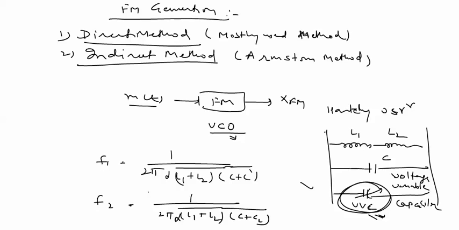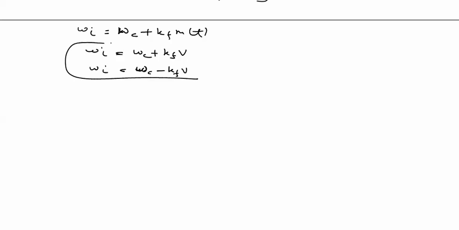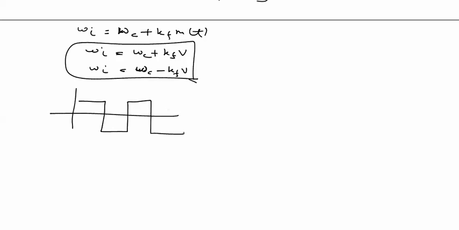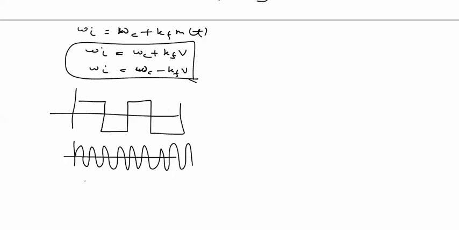So the instantaneous frequency we can mark in this way: omega c plus kf mt, omega c plus kf, omega c minus kf. Apply a square wave on it, and the result is variation in the frequency as per message signal magnitude.